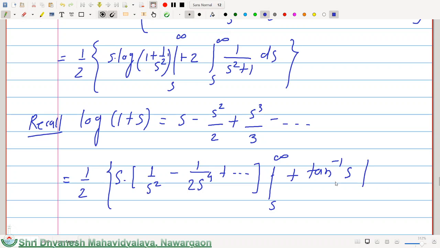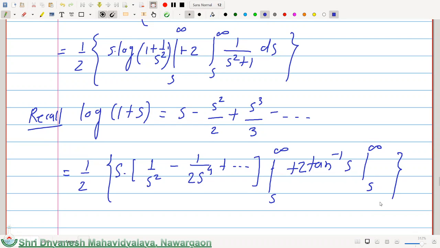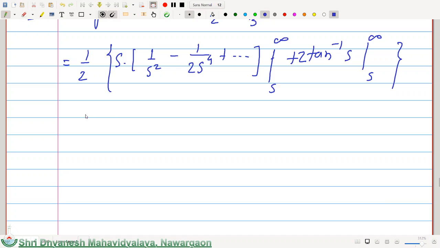Limits are s to infinity. You take s inside the bracket. The first term will be 1 by s minus 1 upon 2 s cube, and so on. After applying the upper limit, s equals infinity, you will get 1 upon infinity minus 1 upon 2 into infinity, and so on.